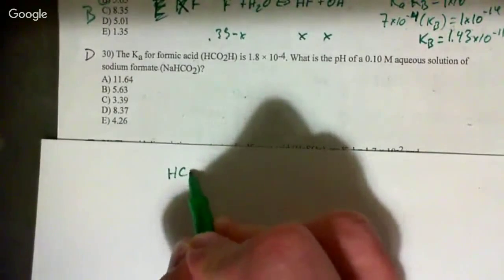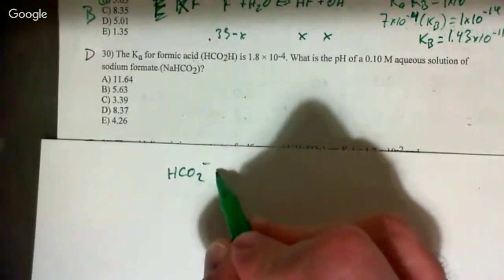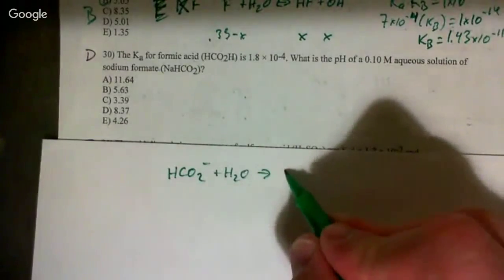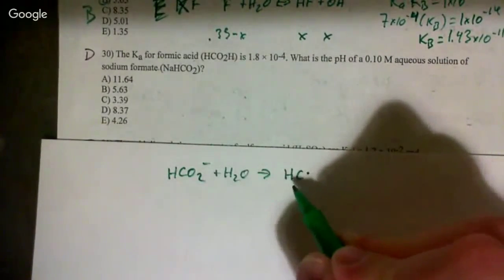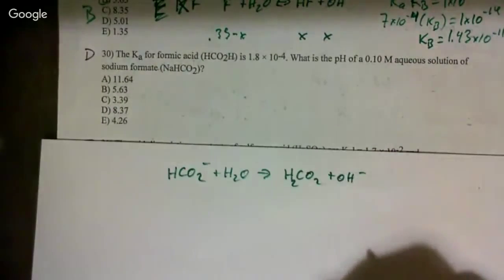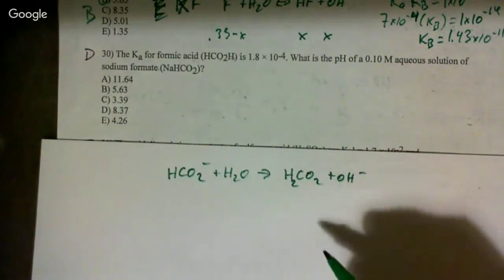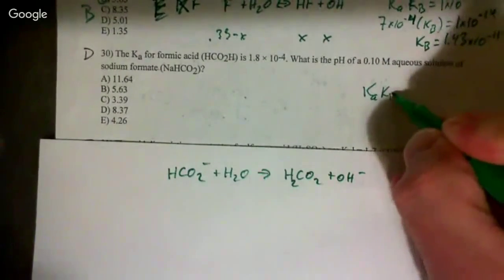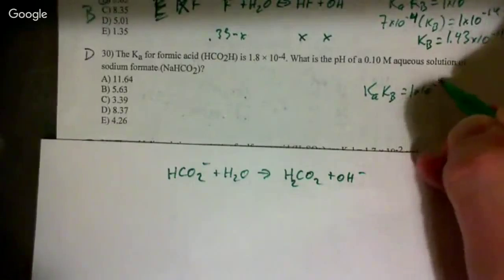So we're going to look at the HCO2 minus in water, and it's going to peel off an H plus, form some H2CO2 plus OH minus. If I know the Ka, I can certainly find the Kb, the same process as last time. Ka times Kb equals 1 times 10 to the negative 14th.